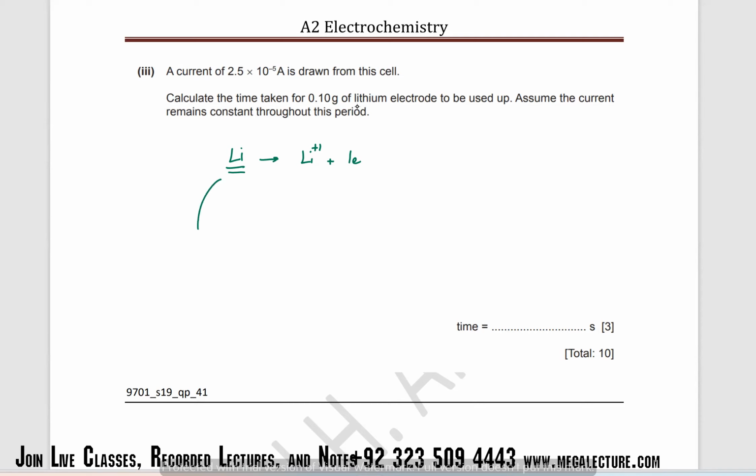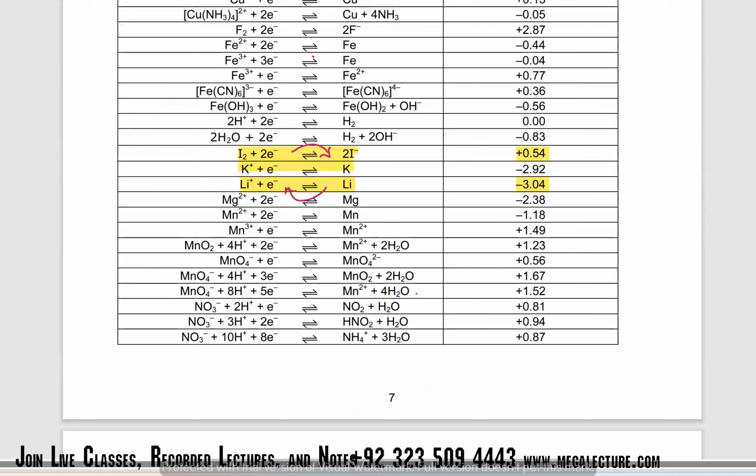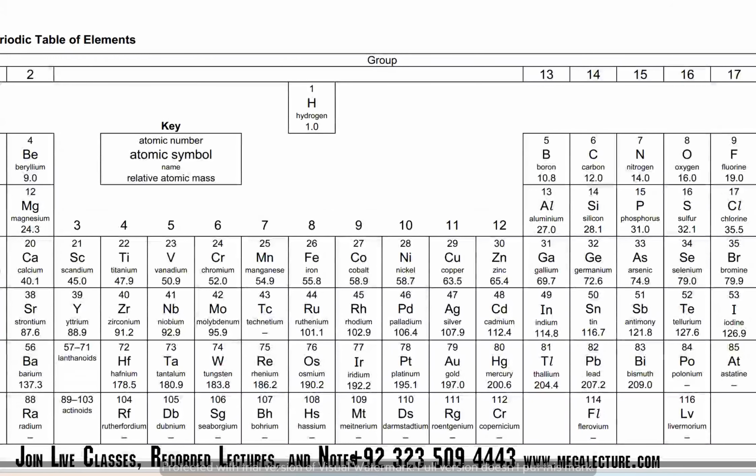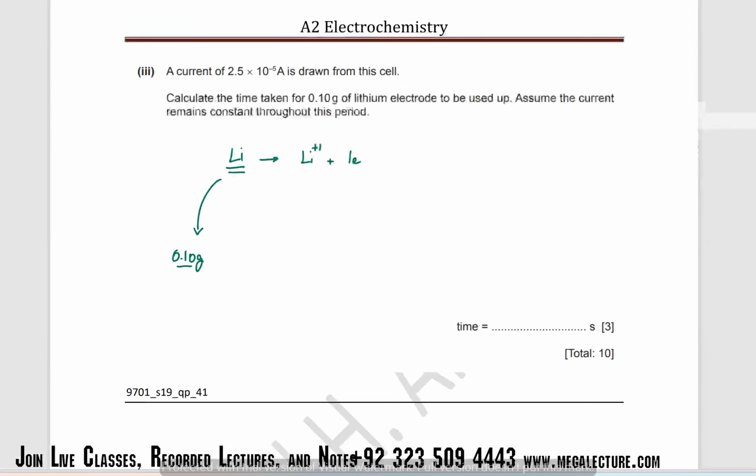How many moles is this? 0.1 gram divided by Mr, which is the Mr of lithium. Find it in the periodic table: lithium is 6.9.